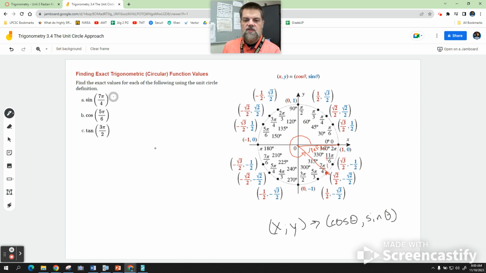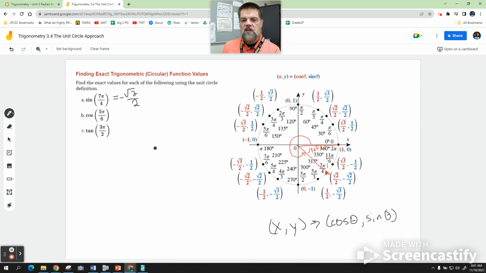So the values then here would be, for sine it is negative square root 2 over 2. For cosine it is positive square root 2 over 2. Oh wait, they're not the same angle. We got to come back to that. Okay, so that's negative root 2 over 2.